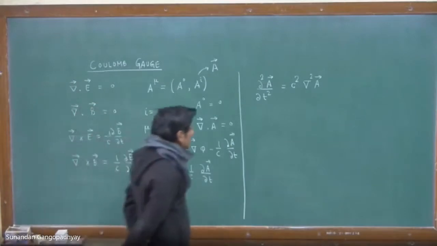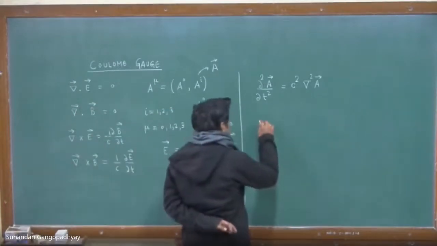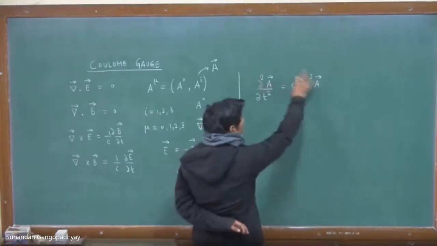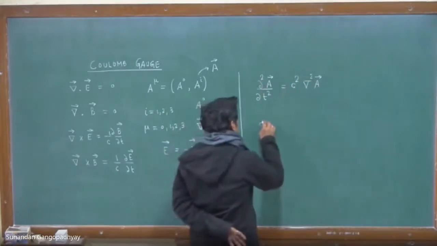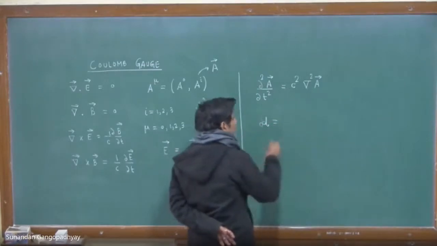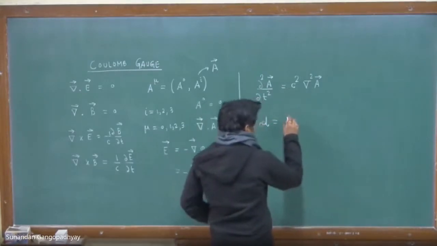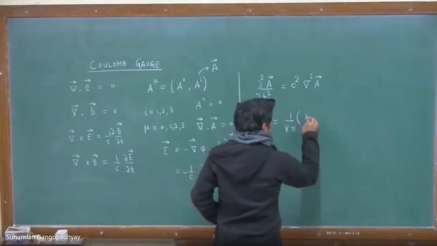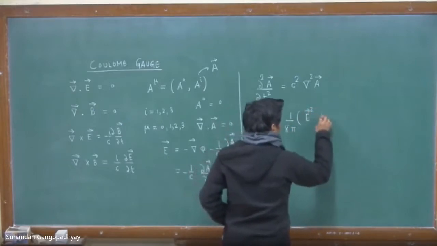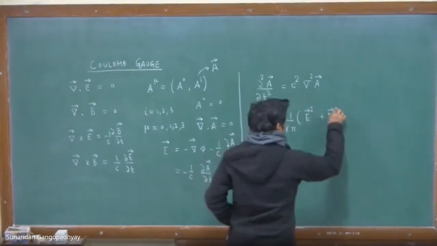Another thing that we would like to note, which follows from standard electromagnetic theory, is that the Hamiltonian density is basically given by 1 by 8 pi times E vector squared plus B vector squared.